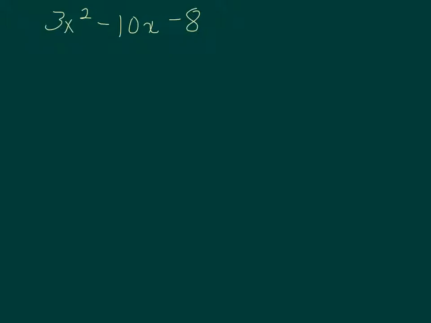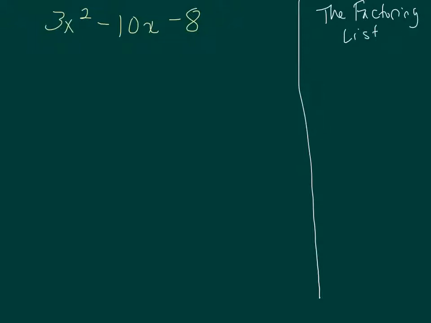Okay, so on the factoring list, if you'll remember the factoring list, first step, factor out the GCF. Let's see, 3x squared, negative 10x, negative 8. There's nothing that they all have in common.